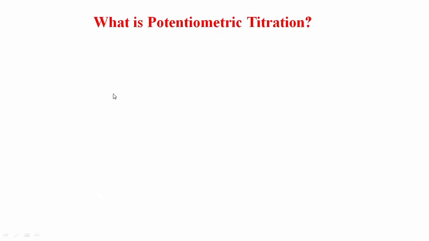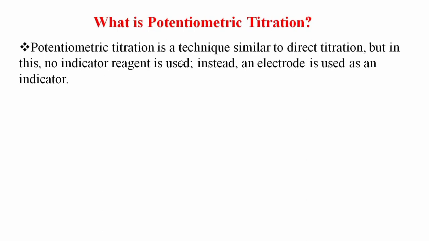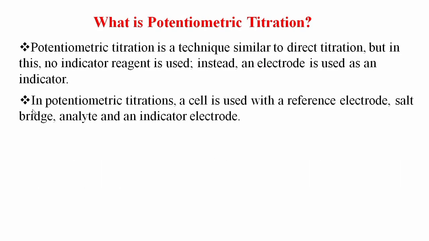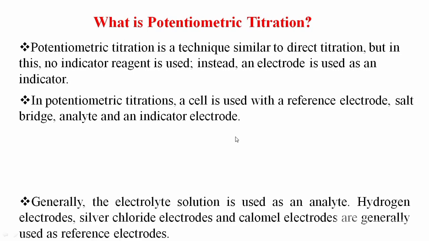What is potentiometry titration? Potentiometry titration is a technique similar to direct titration, but in this no indicator reagent is used. Instead, an electrode is used as an indicator. In potentiometry titration, a cell is used with a reference electrode, salt bridge, analyte, and an indicator electrode.